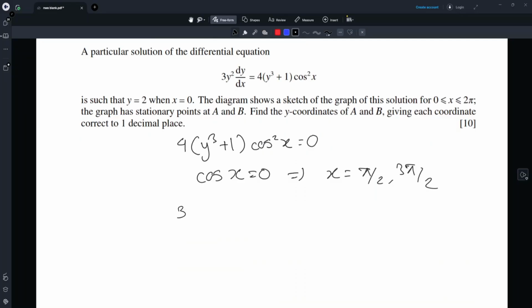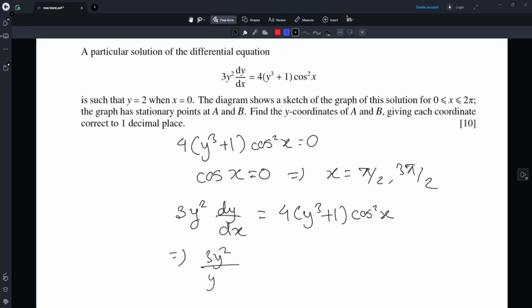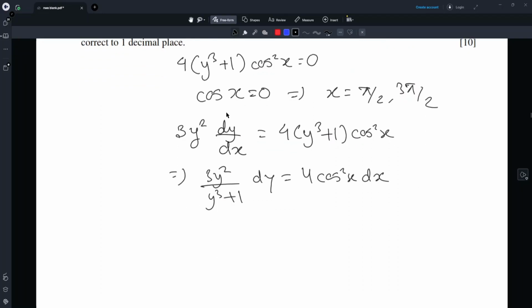Second, we have 3y² dy/dx equals (4y³ + 1)cos²x. So we have here 3y²/(y³ + 1) dy equals 4cos²x dx. I've just basically taken this to the bottom. I took only this part because otherwise it will be a bit more difficult. And now I have to do something that I have absolutely against.